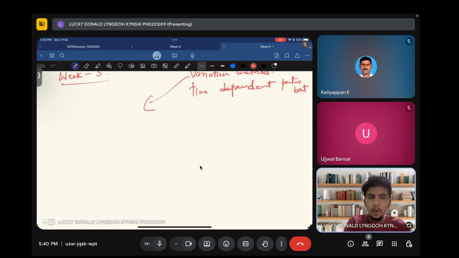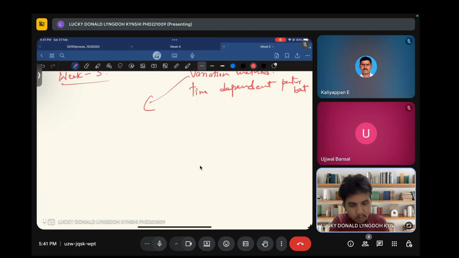Till now, we have solved only the original Hamiltonian, that is without the perturbation. We also have solved the Hamiltonian with perturbation, that is the time dependent perturbation. Third is the variation method. It is another technique in which you solve a Hamiltonian that you cannot solve easily by the original method you did in the last one or two classes.